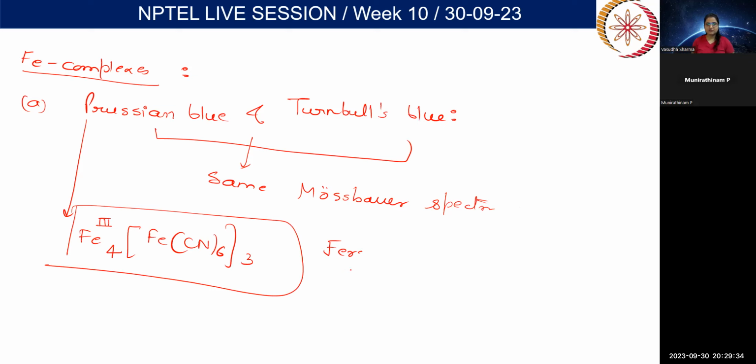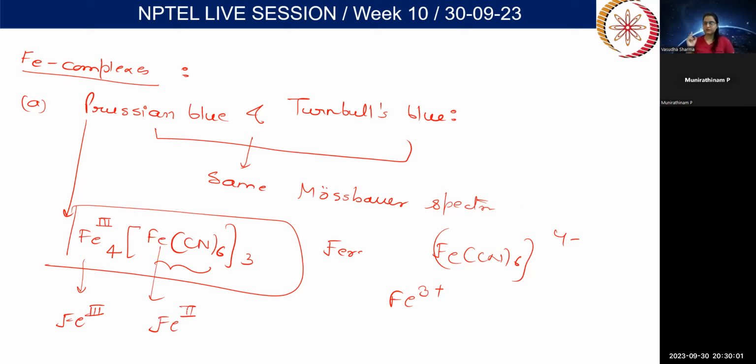So inside, if you will see, this will become as Fe(CN)6 4 negative, and outside is iron 3 positive. When you cross multiply it, that's why it becomes Fe4[Fe(CN)6]3. So this is the formula for Prussian blue, where the outside iron, that is also coordinated with CN with a different structure, is iron 3, and the inner one is iron 2, which is bound with CN.